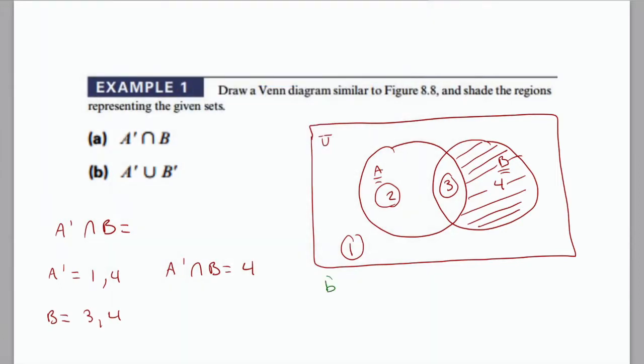Now for the second one, A complement equals 1 and 4, and B complement equals 1 and 2. So therefore, A complement union B complement would be 1, 4, and 2.